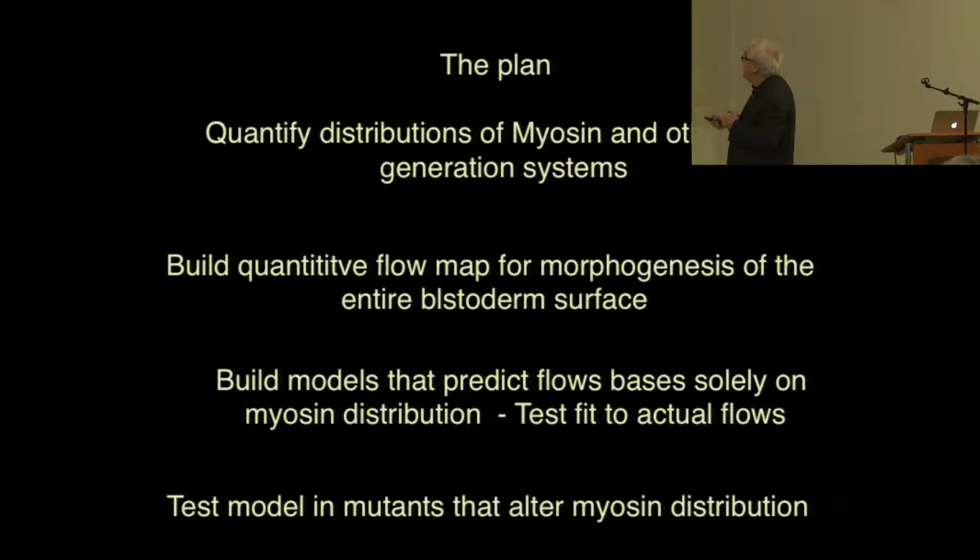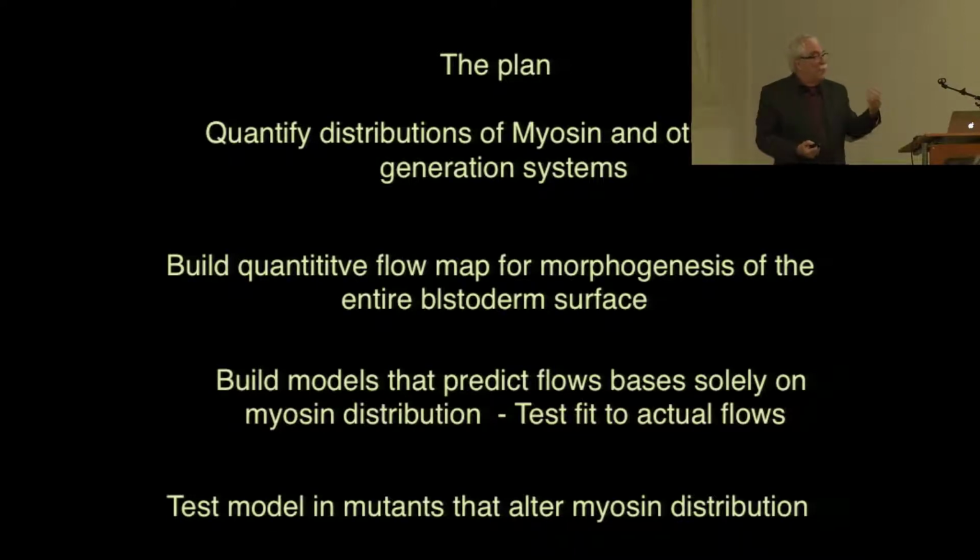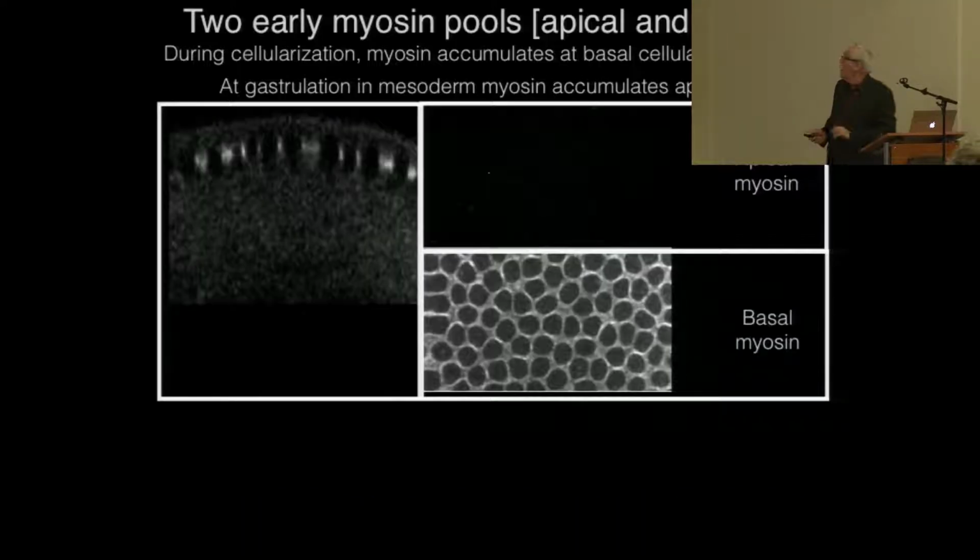Then we take these two quantitative, real measurements and couple them to a theoretical model. Can we predict the flow patterns based on the distribution of myosin? We can do that in wild-type embryos, and then use mutants in flies to test the universal applicability of these models. So I'll give you a little bit of a sense of where we are.